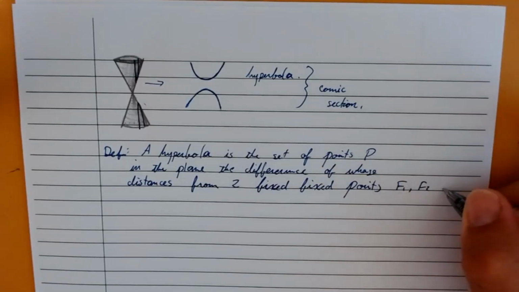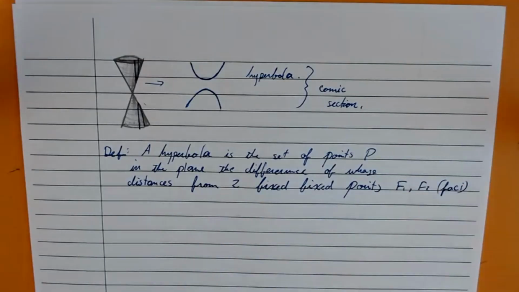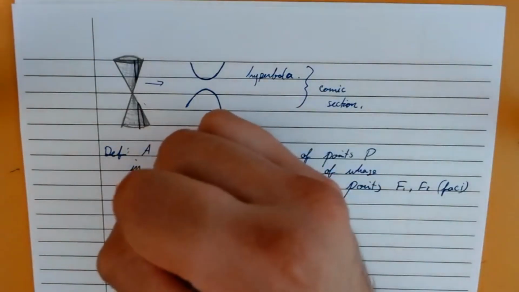And again, just like with the ellipse, these are called the foci. One is called a focus. Multiple of them are called foci, where that distance is constant.